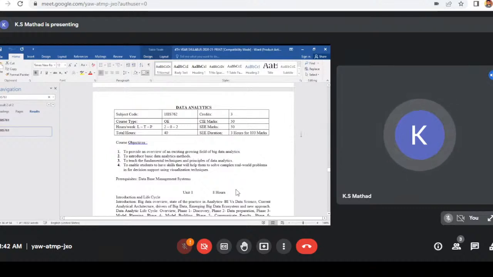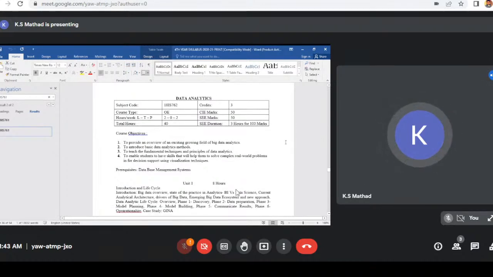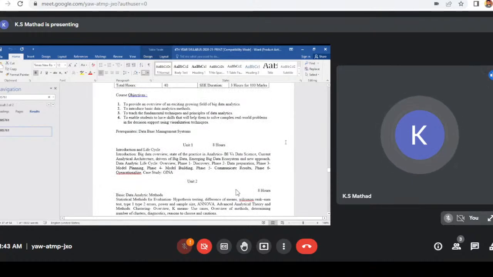Again, the subject is of the 2-0-2 type, that is, we'll have a hands-on session apart from the theory session. So the total number of hours is 40, for which we have a 3 hours duration SEE examination. Initially the course objectives are to provide an overview of the exciting growing field of big data analytics. Nowadays there is a buzz going on about big data, data science, data analysis, all these things.